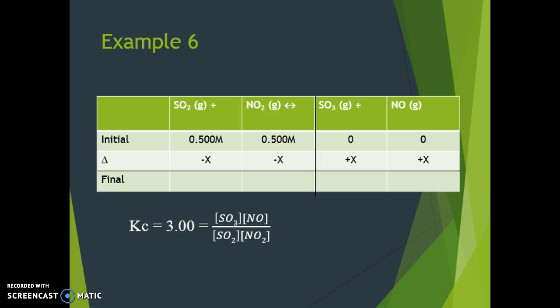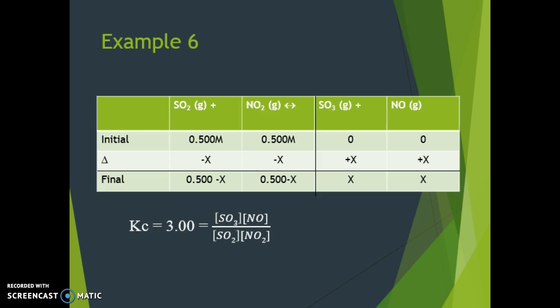So when I fill that into my chart, I'm going to fill in 2 negative x's for my SO2 and my NO2 concentration, and 2 positive x's for my SO3 and my NO concentration. And then simple math to fill in my final concentrations at equilibrium. I would have 0.500 minus x for both SO2 and NO2, and then just 2 x's for SO3 and NO.